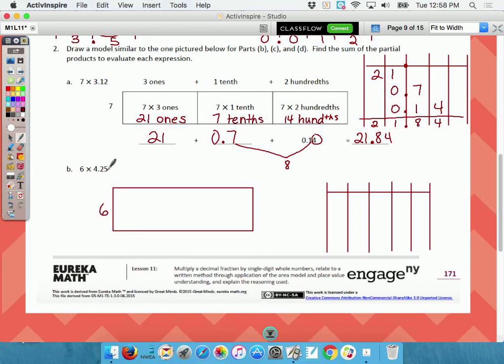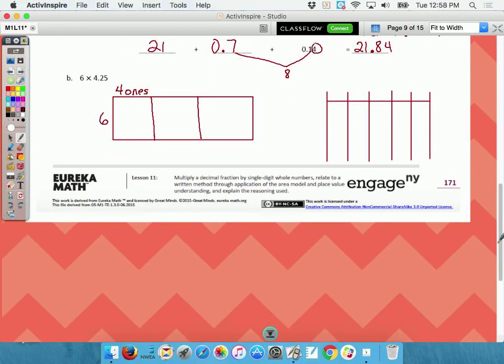How many place values do I need on my area model? 3. What place value is the 4 in? So 4 ones. 2 tenths. And 5 hundredths.